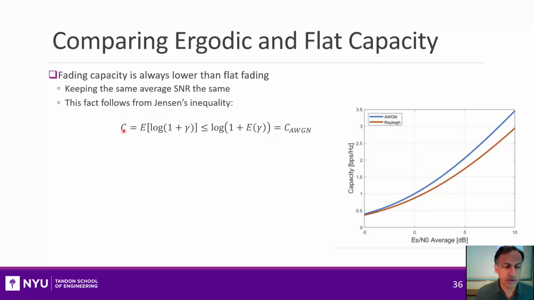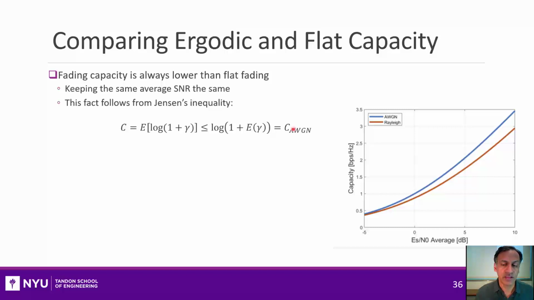Because remember that the capacity is the expectation of this logarithm, but because this is a concave function, you can upper bound it by bringing the expectation inside. So then you have the capacity of a channel with that average SNR. So if you call that the AWGN capacity, you see that the capacity with fading is always going to be less than or equal to flat fading.